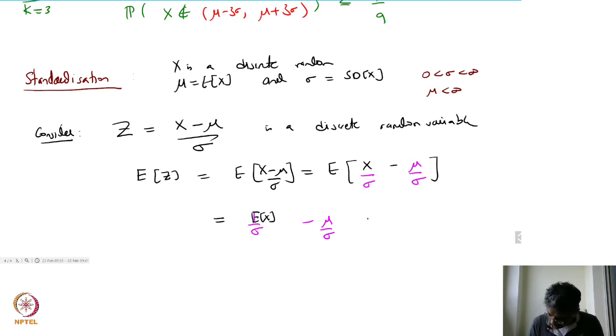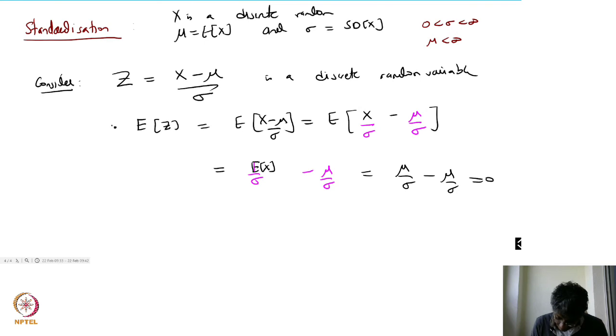E of x is mu, so that's mu by sigma minus mu by sigma, which is 0. So the mean of z is 0. If I shift x by mu, the mean is 0.